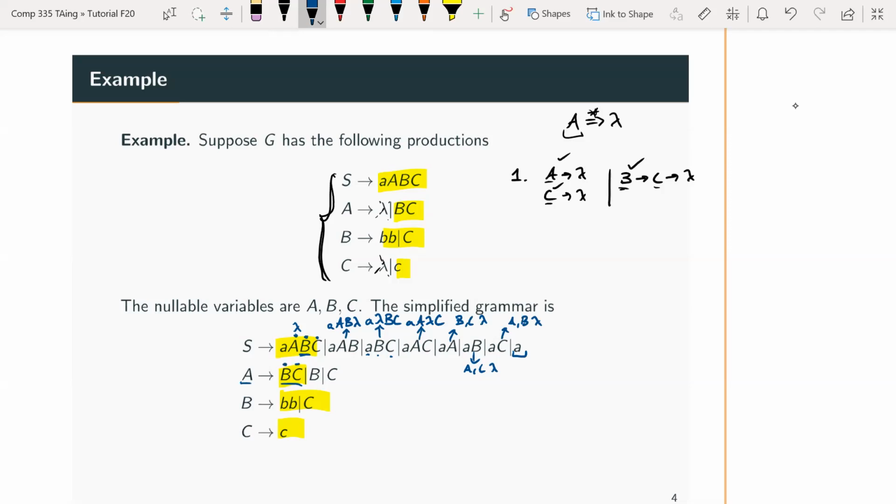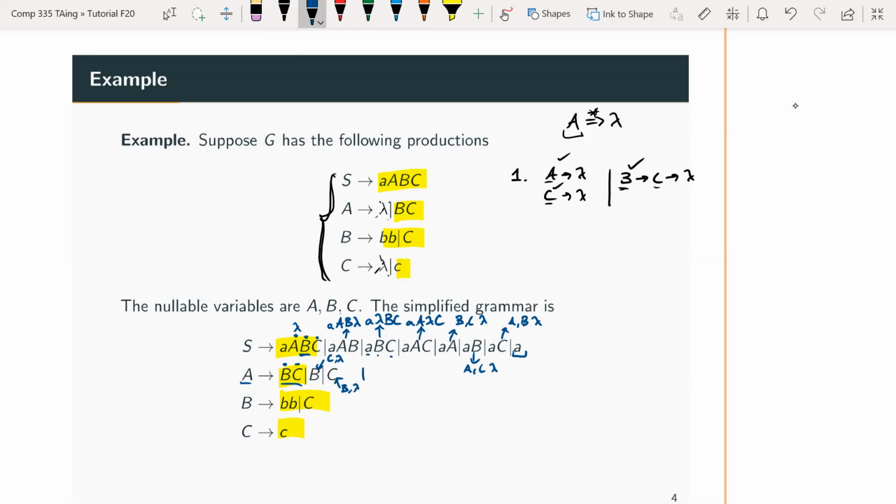Okay, then again, the same thing for A gives you BC. Both of these are nullable variables, so that means I can replace B by lambda, C by lambda. This is replacing C by lambda, and this is replacing B by lambda. But of course you have to be careful.